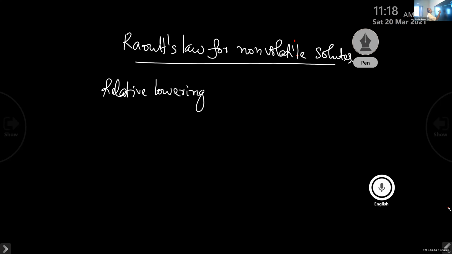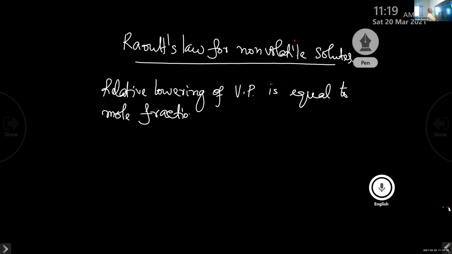Relative lowering of vapor pressure is equal to mole fraction of the non-volatile solute in the solution.